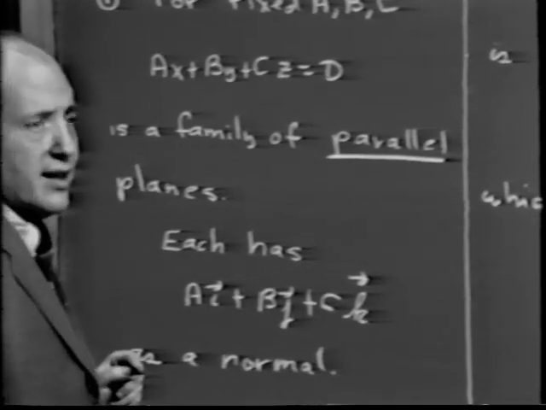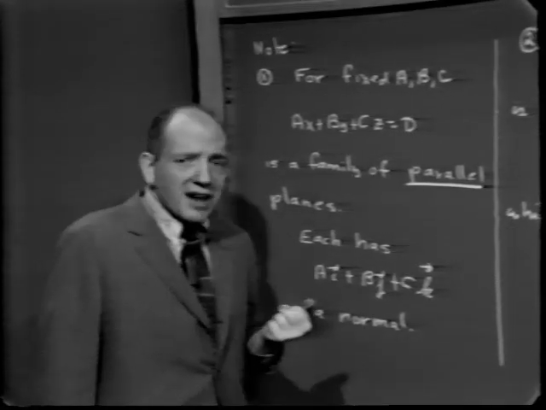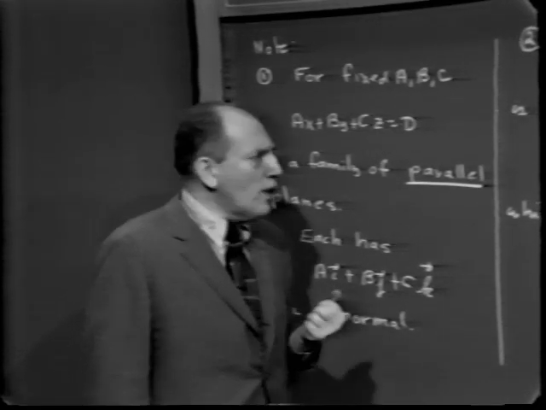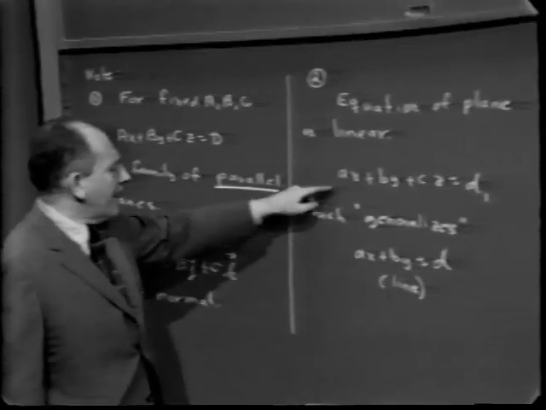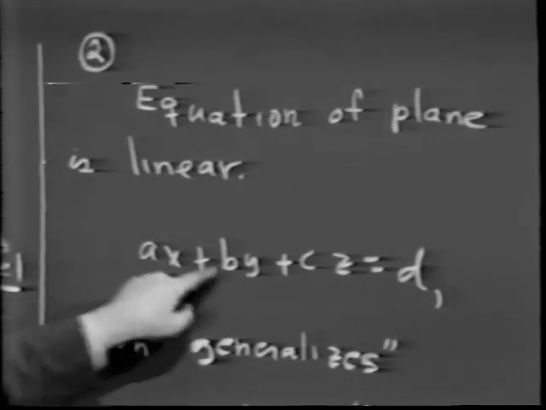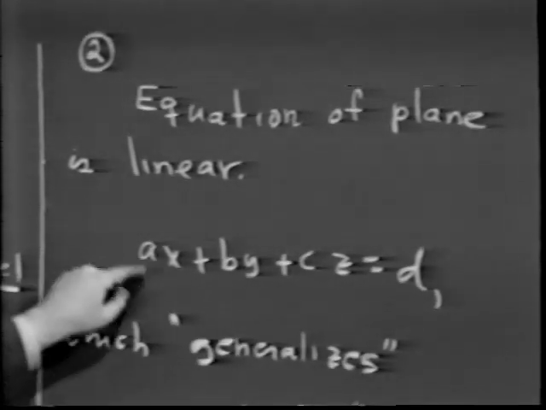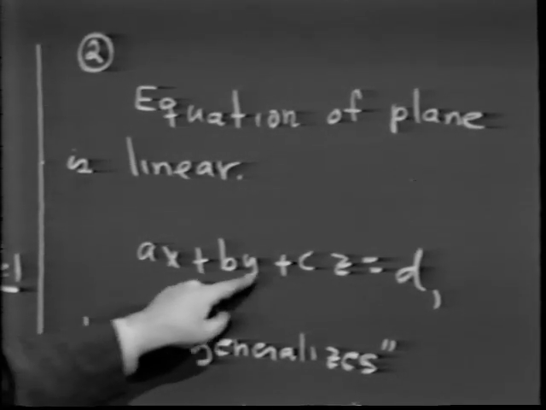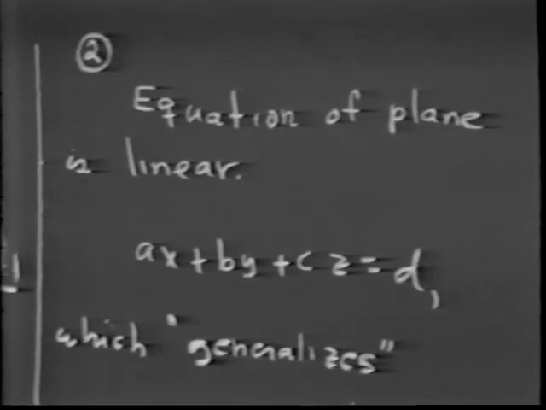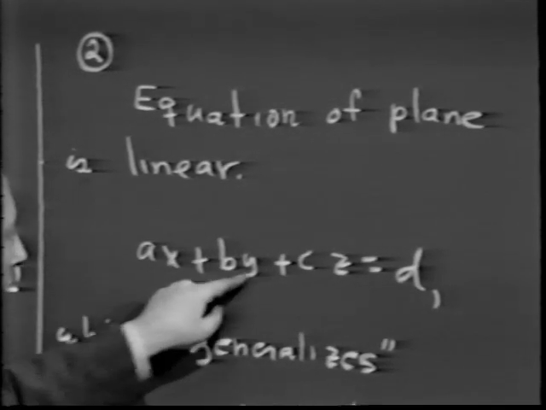Okay? The second point I would like to emphasize about the equation of our plane is that it's called a linear equation, meaning, with a, b, c, and d as constants, observe that ax plus by plus cz equals d is what we call a linear algebraic equation in the variables x, y, and z.